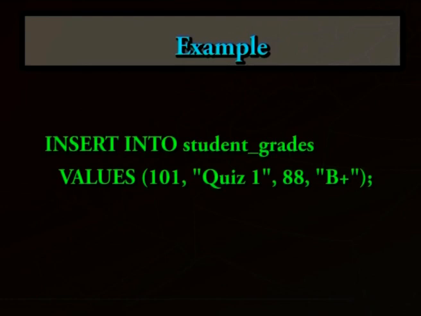Here the values are placed in the order in which the columns appear in the table. Similarly, the insert statement can also be used to insert multiple rows in one go. In the previous example, we inserted only one row, but we can insert multiple rows in one table after selecting the values for those rows from some other table.